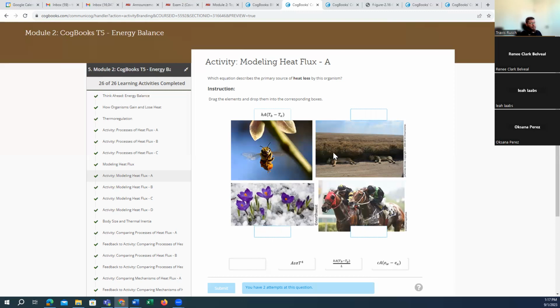Is there any evidence of water or wind in the picture? No. So we can probably rule out convection, which we already thought was a good explanation for the first one. And then evaporation, is there any evidence of evaporation here? No. So what do we think this would be? I would go with conduction for sure. Yeah, I would agree with that.